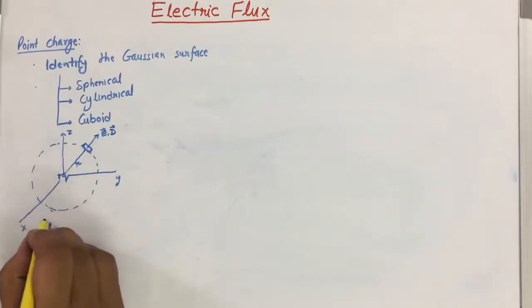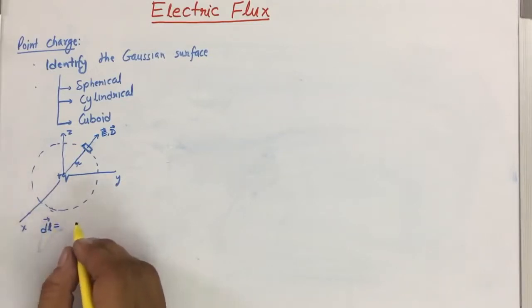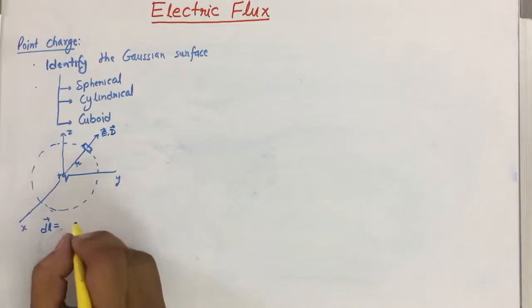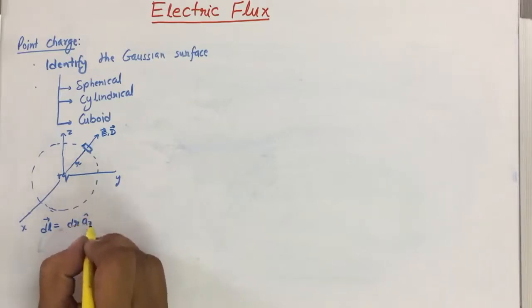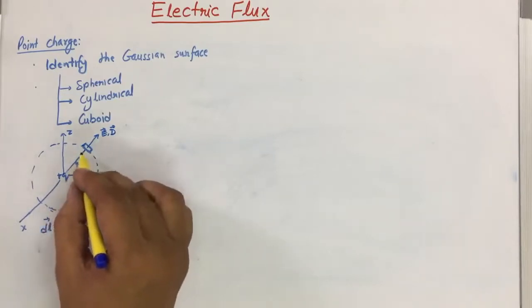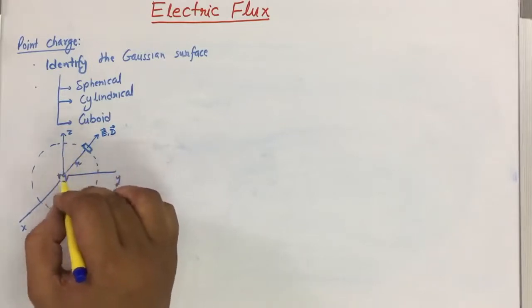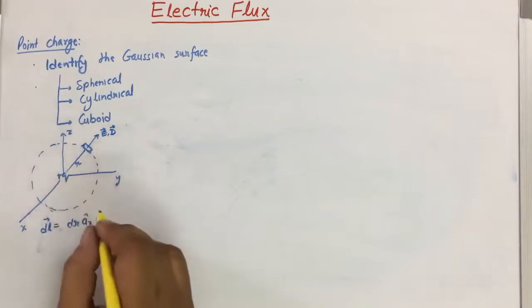From there we can find dl. If we recall the coordinate geometry where we discussed dl in the spherical coordinate system, it was dr in the direction of the radial vector, plus r sine theta d phi in the direction of a phi, plus r d theta in the direction of a theta.